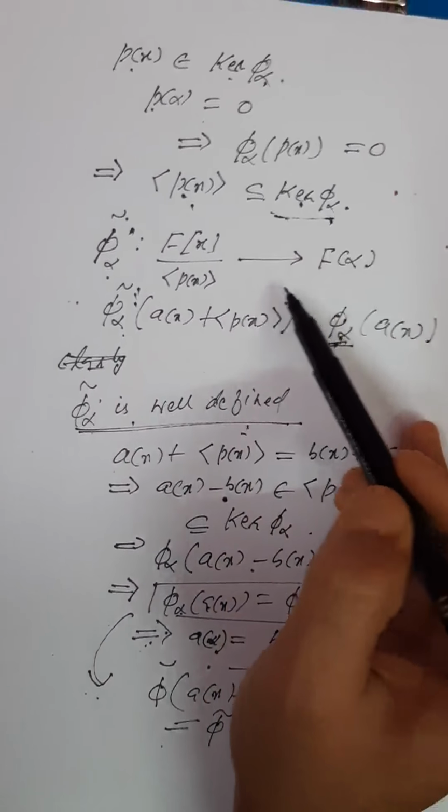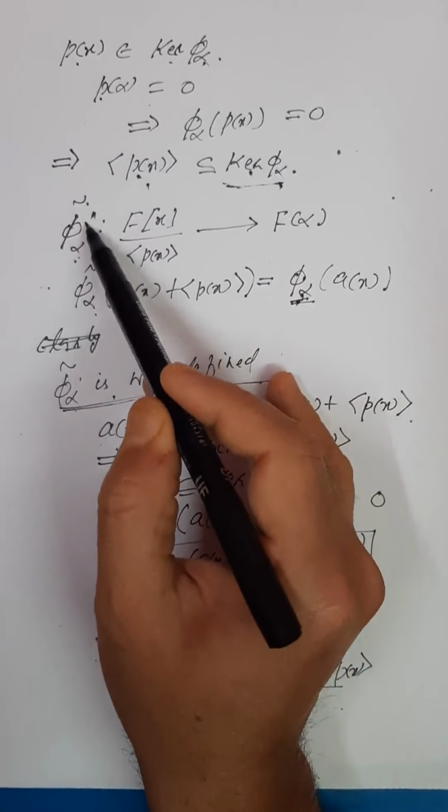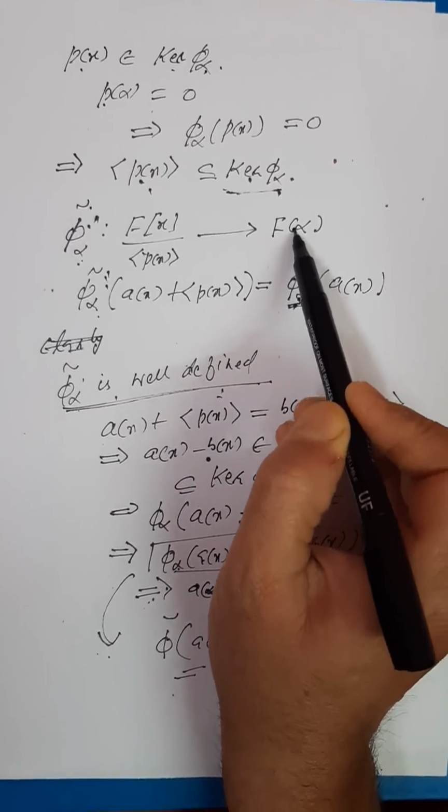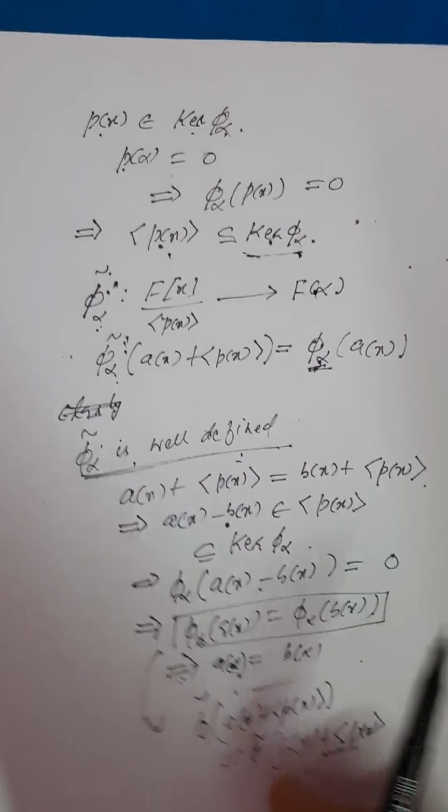Now you have phi alpha tilde, a homomorphism between two fields. We apply a proposition we proved in an earlier lecture: any homomorphism between two fields is either identically 0 or injective.